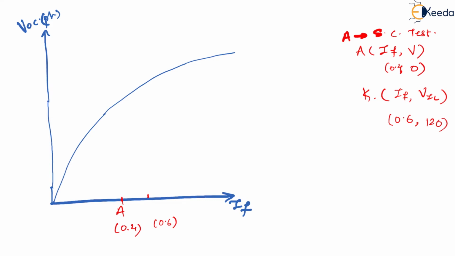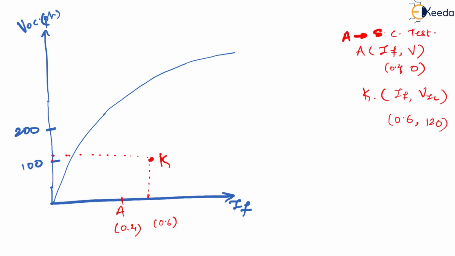To plot 120 here, if we consider 100, above that we might consider 200, so just above 100 we will be getting some point. So this point is nothing but point K, correct? Yes, this is point K.